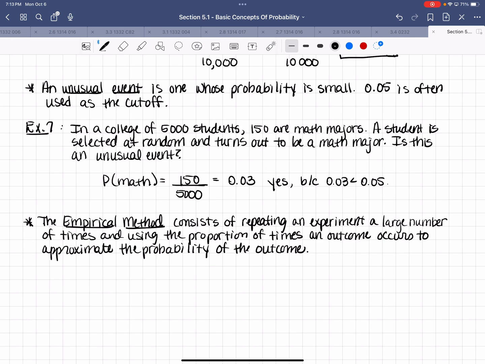In theory, if I flip that coin 1,000 times, I'll get heads 500 and tails 500. Experimentally, I've got to flip it 1,000 times in order to prove what the theory says. The law of large numbers says if I do it 1,000 times, or 100,000 times, or 1,000,000 times, I'm going to get closer and closer to it being 50-50.